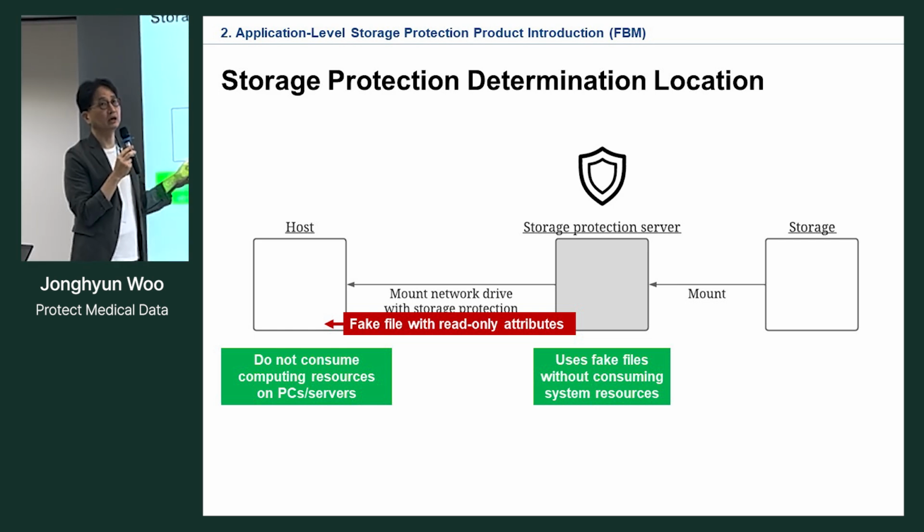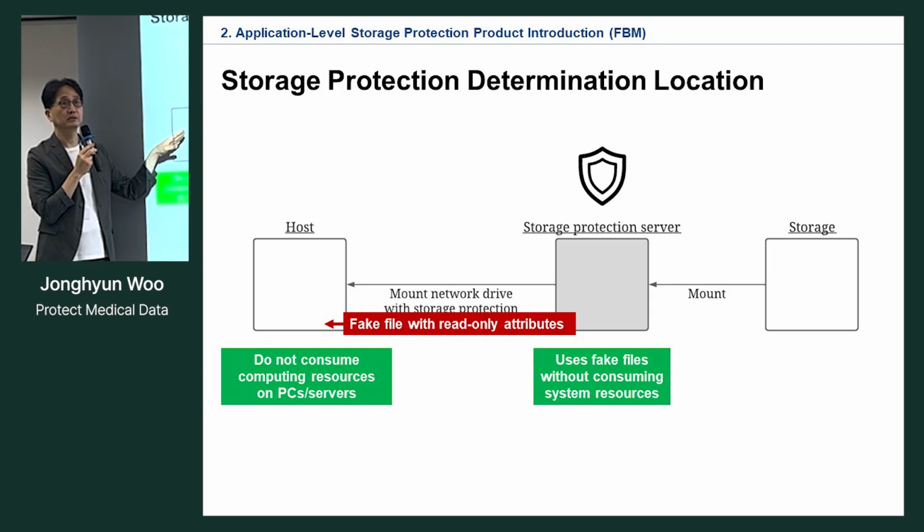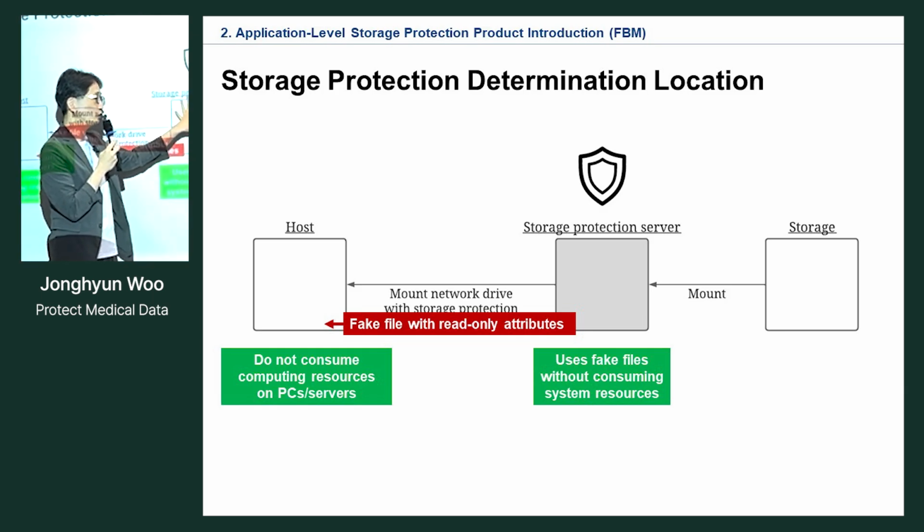We do not allow you to use storage protection on the same host, because if you rely on the host and your main OS is compromised, the storage protection can be gone. Because of that, we always recommend using storage protection on an independent server.